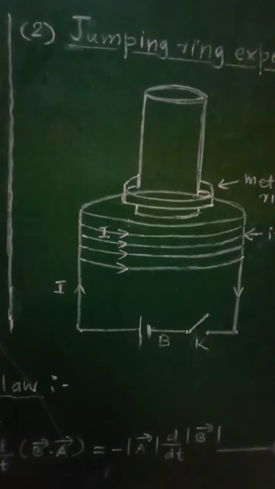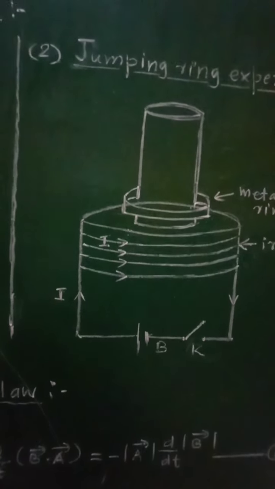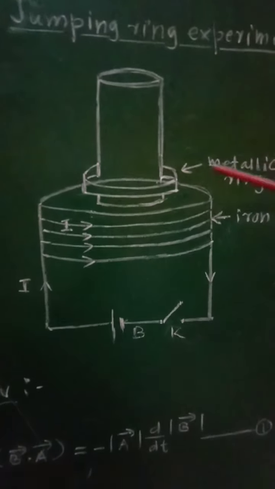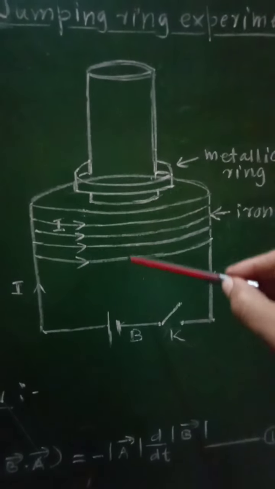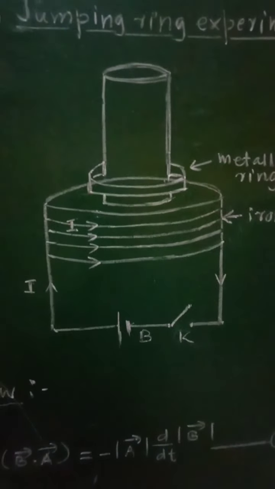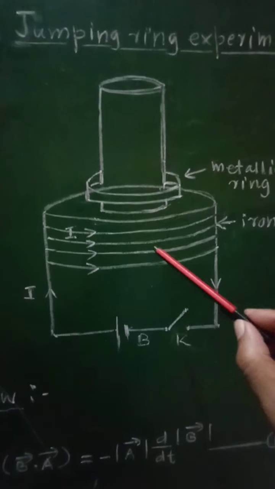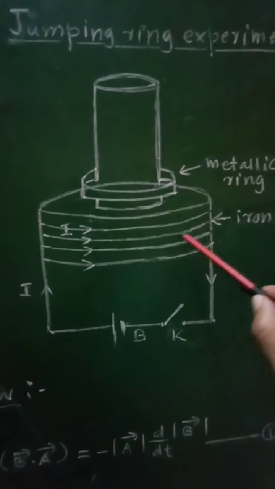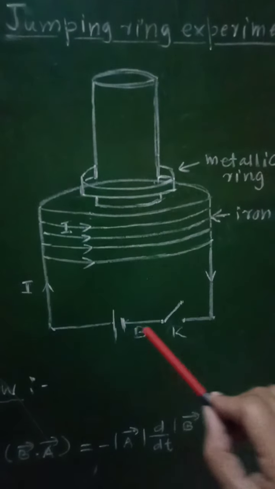Then a metallic ring is placed on the top of the iron core. Here this will represent the metallic ring, which will be kept at the top of this iron core. Then the wire which is wound on this iron core will be connected between this battery and key.